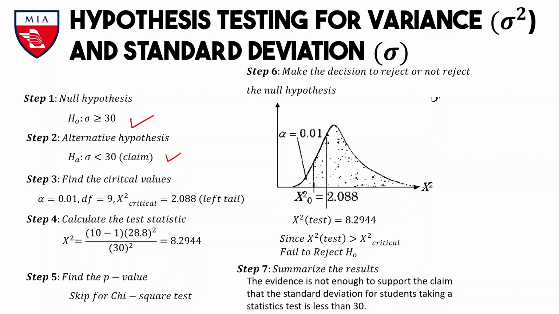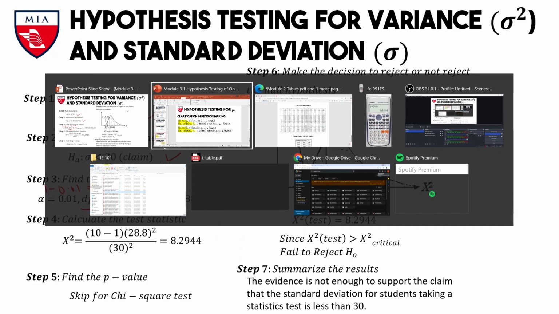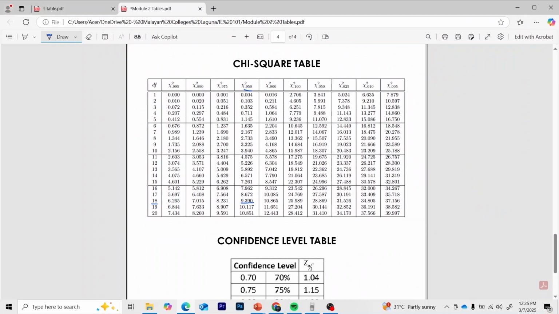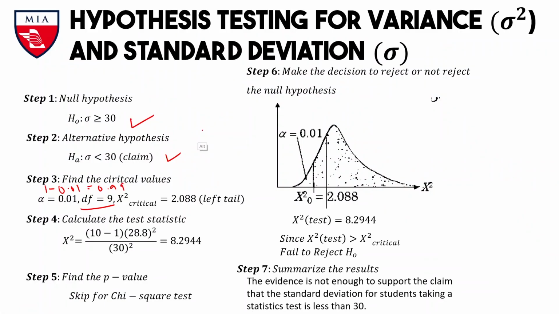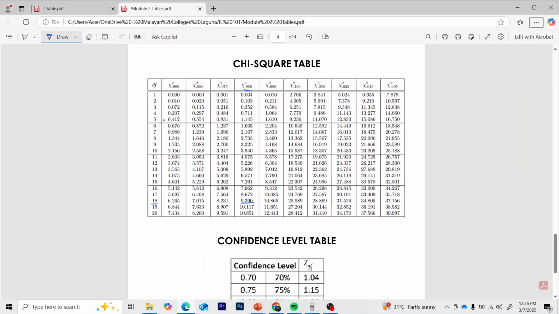In terms of a left-tailed test, like I said, if we are going to find the left-tailed value, we subtract the value of alpha from 1. So 1 minus 0.01, we have 0.99. And our DF is 9. So let's look at the chi-square table. We have 0.99 and DF 9.